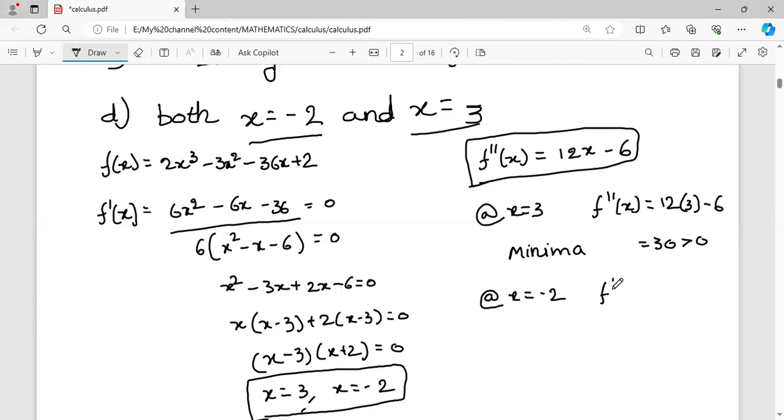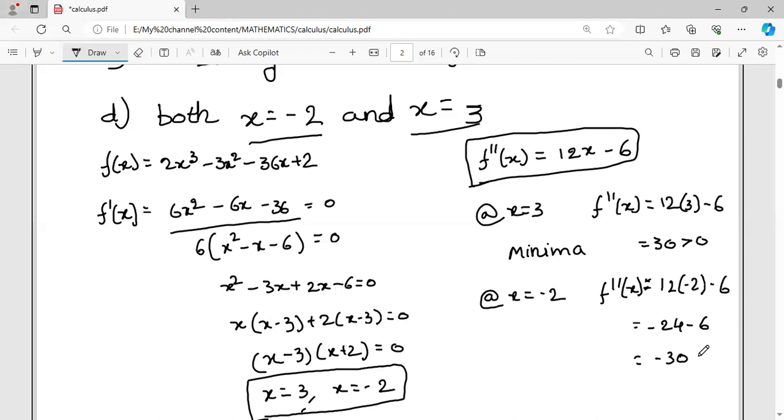Okay, next coming to x equal to minus 2. Then f double dash of x equal to how much? So here 12x minus 6. That is 12 into minus 2 minus 6. That means minus 24 minus 6, that equals minus 30. If you observe, it is clearly minus 30, less than 0.